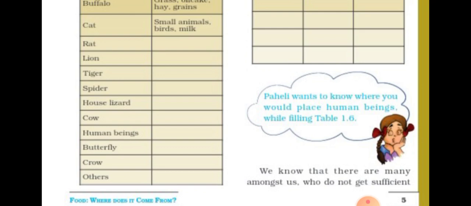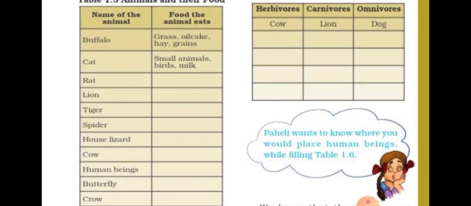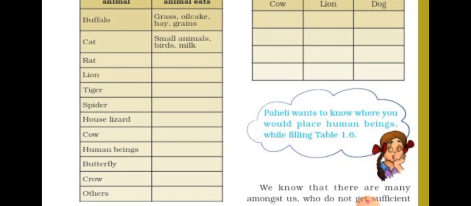Some of you may be vegetarian, some non-vegetarian, but we categorize human beings as omnivores. Why? Because they eat both plants as well as animals. So if you know which animal is a herbivore, carnivore or omnivore, then you can easily write which type of food item they eat. Like lion, tiger, they are carnivores. Yes, human beings, we are what? Omnivores.